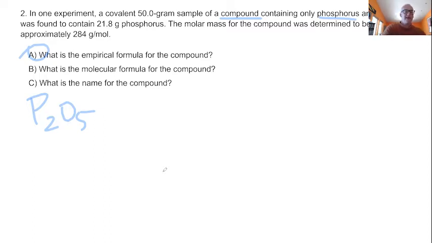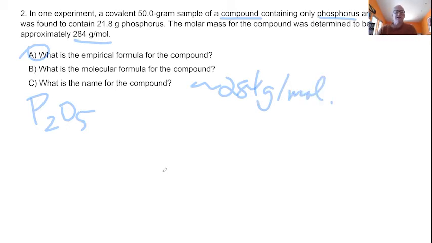And the only information we have about the actual molecule, other than its ratio of phosphorus and oxygen, is its molar mass. And its molar mass is around 284 grams per mole. So how do we use that information to get us from our empirical formula to our molecular formula?